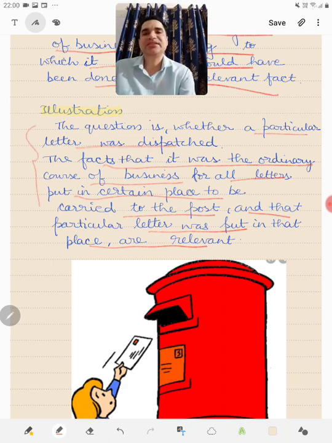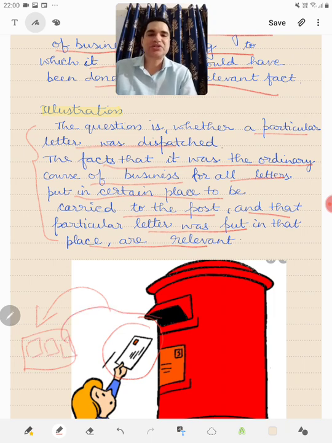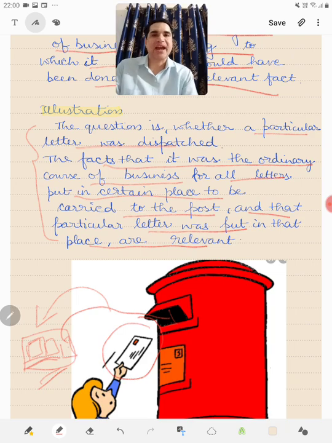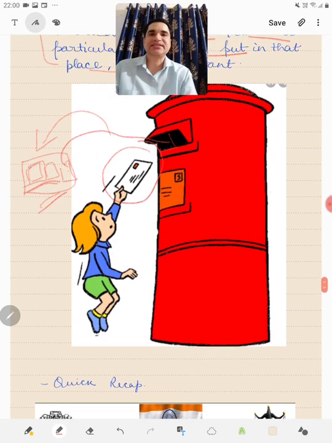So where the question is whether a particular letter was dispatched or not, and there is a natural course of business in which all these letters which are put in a particular place are posted and dispatched, then this natural course of business becomes relevant, and it can be said that that letter was also dispatched because it is natural course of business that letters put at a certain place are being dispatched. So this is what is section 16.